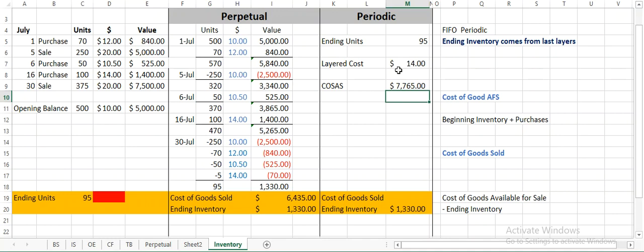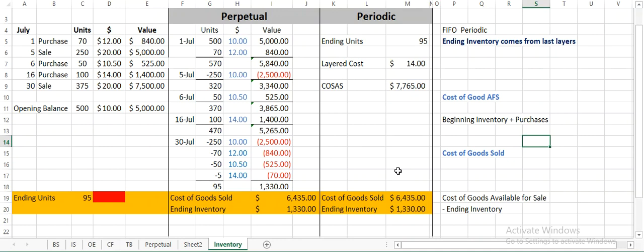That's the total cost that we had throughout the month that we were able to sell, because we had that amount of inventory outstanding throughout the month. And so to calculate the cost of goods sold, it is going to be equal to the 7,000 minus 1,300, which gives us 6,435.